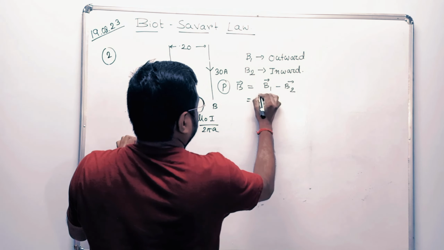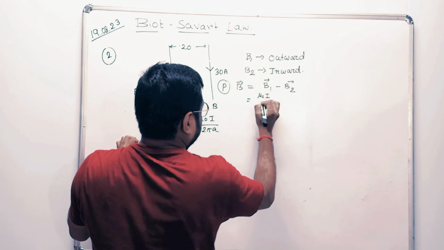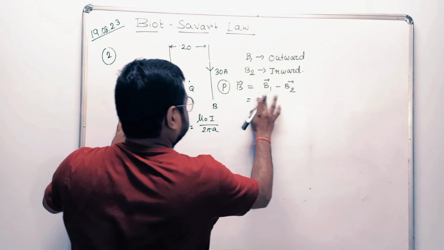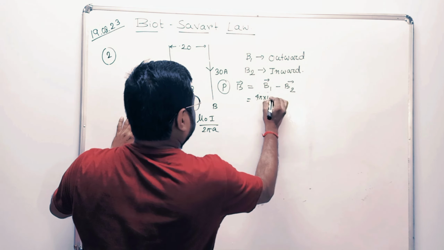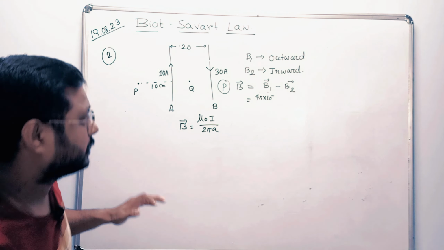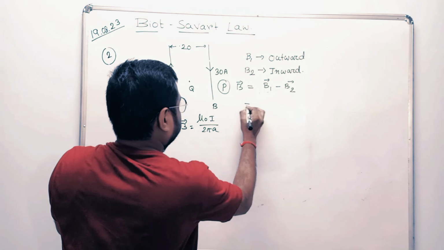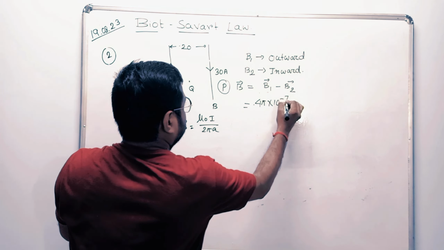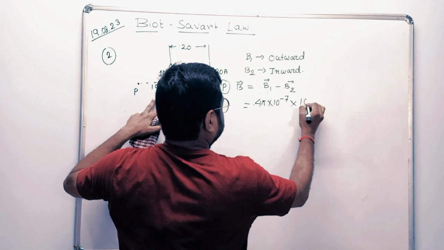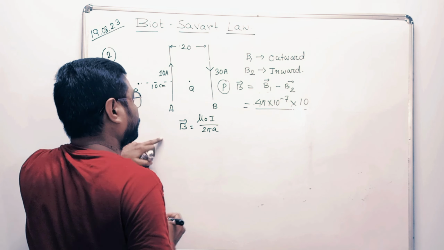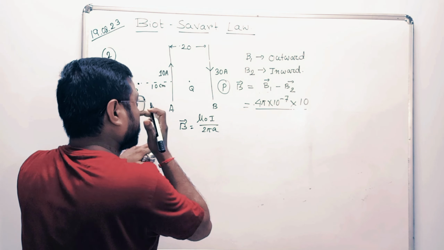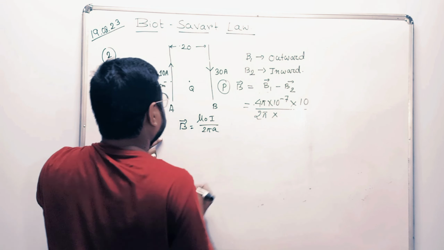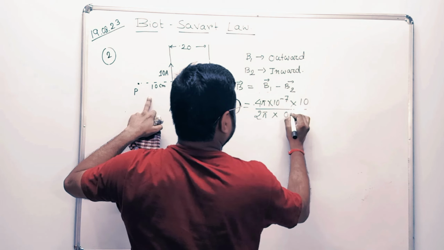Understood? So B1 is mu naught I by 2 pi A. Mu naught is 4 pi into 10 to the power minus 7, I is 10 ampere, by 2 pi A, where A is 10 cm, that is 0.1 meter.